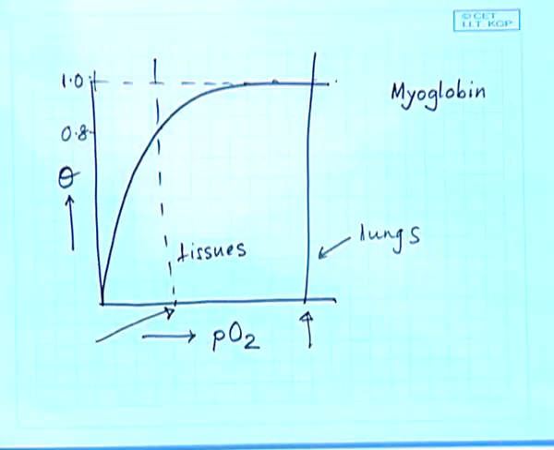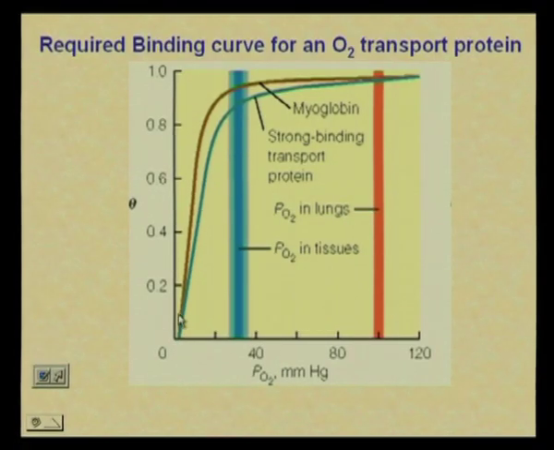But if we go back to the slides here and look at the myoglobin curve, even at the partial pressure of oxygen in the tissues, myoglobin still is more than 80% saturated, right?